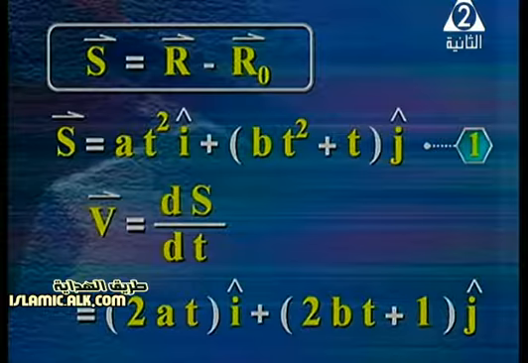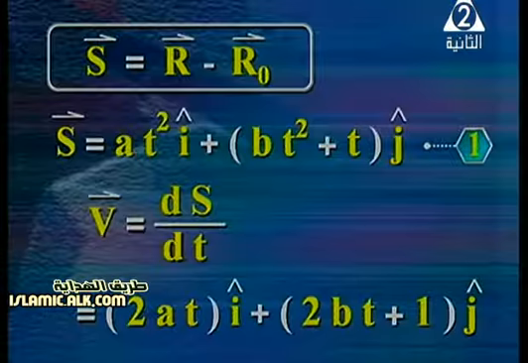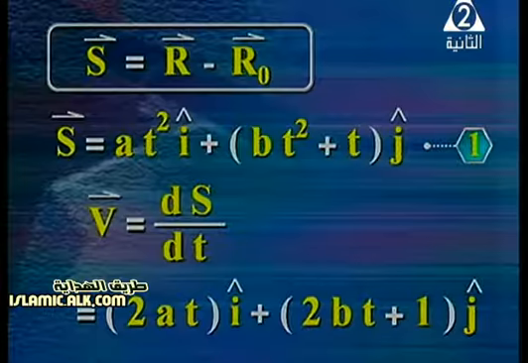Remember, dear student, S equals a t squared i plus (b t squared plus t) j. First, we find the velocity by using the derivative of displacement with respect to time t. By using the derivative, v becomes 2at i plus (2bt plus 1) j.